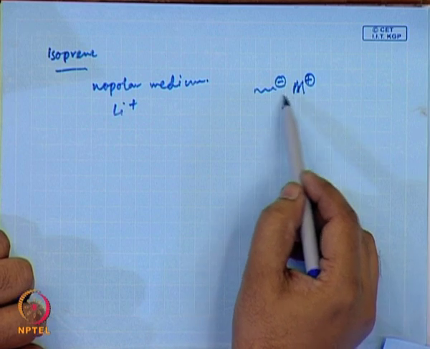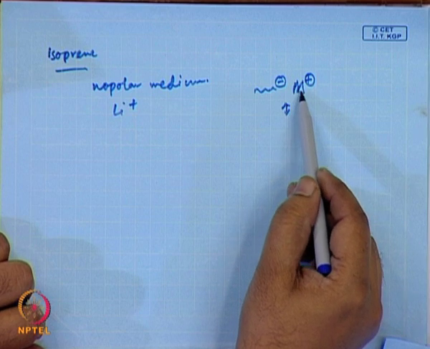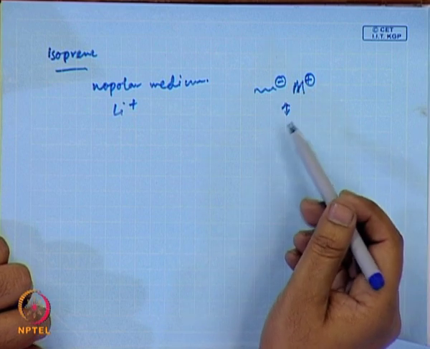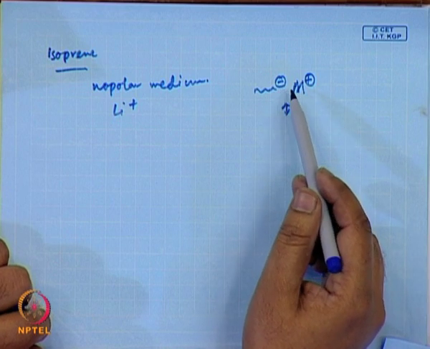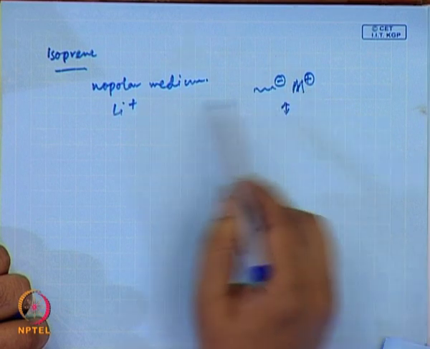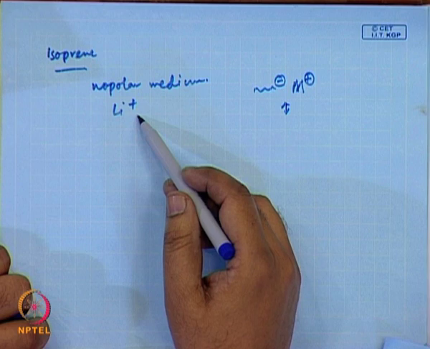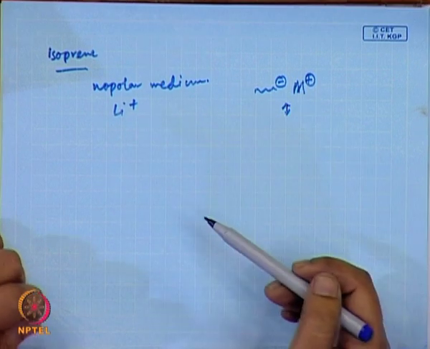Now, if you are a tight ion pair, then the smaller the size of this counter ion, the tighter would be the interaction between the anionic part and the cationic part. So, in this case non-polar medium and lithium counter ion, they will remain as tight ion pair.